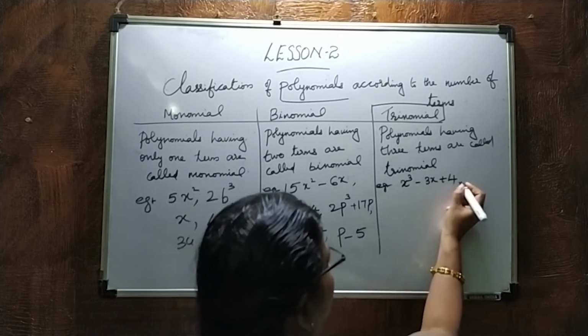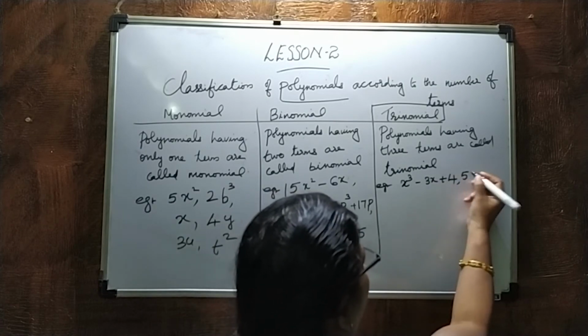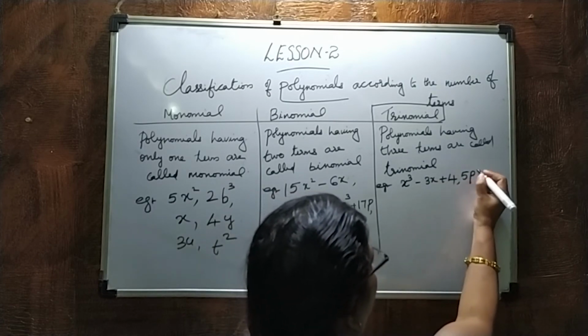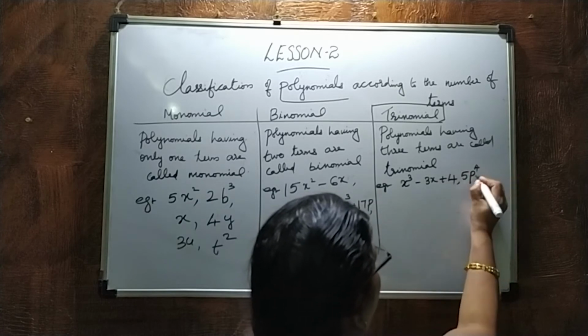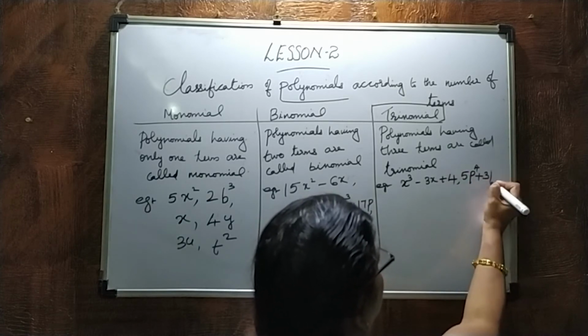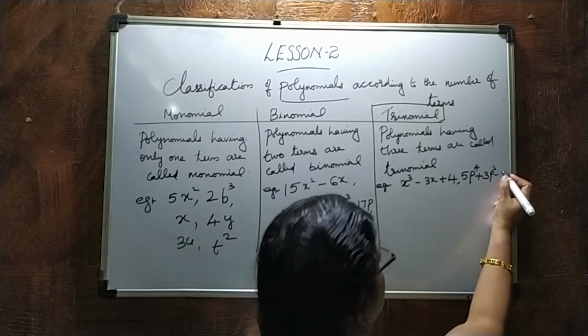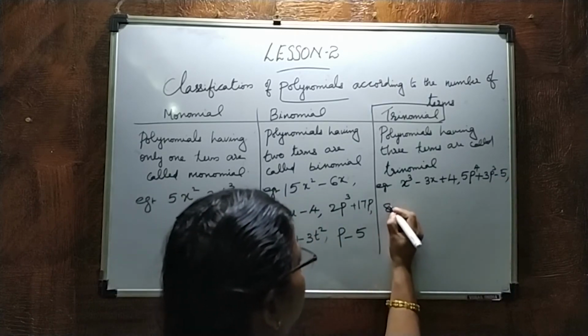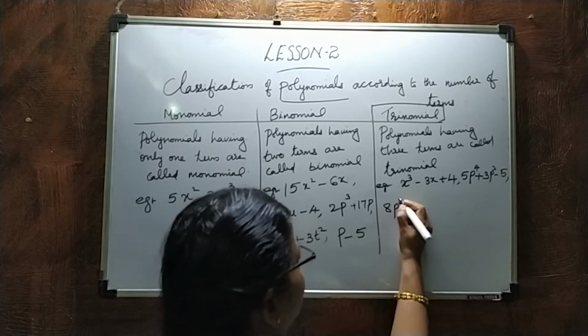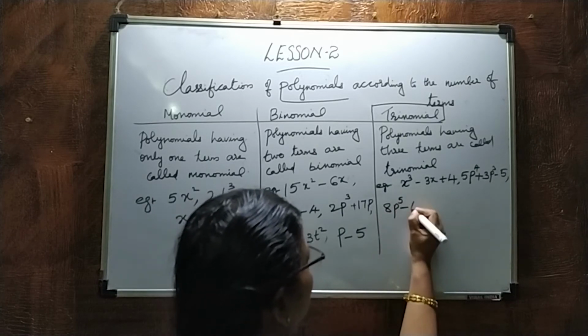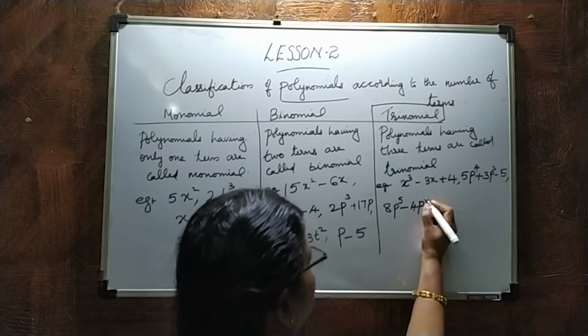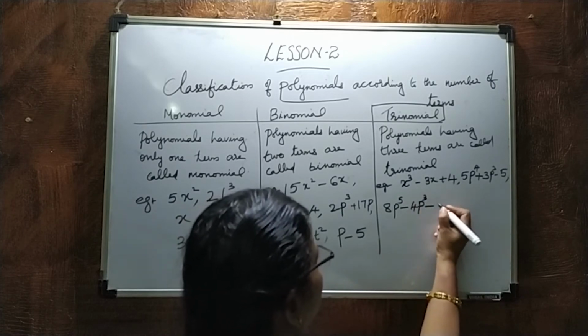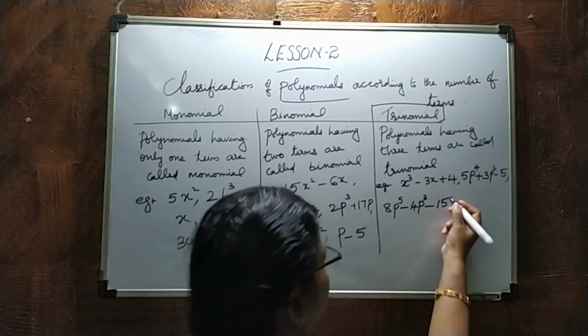Next one, 5p raised to 4 plus 3p cube minus 5. Again we can write 8p raised to 5 minus 4p raised to 3 and then minus 15.